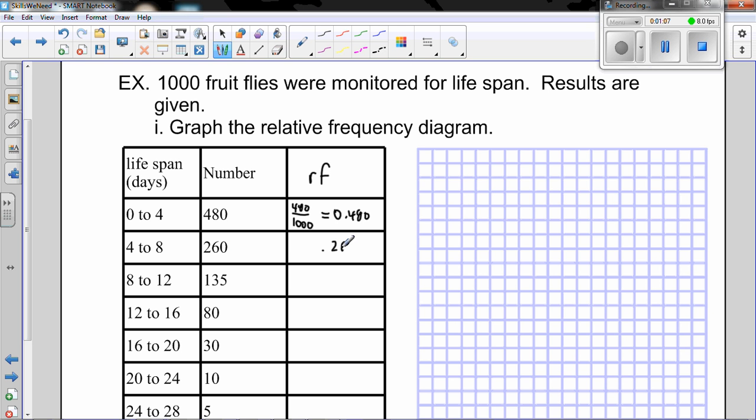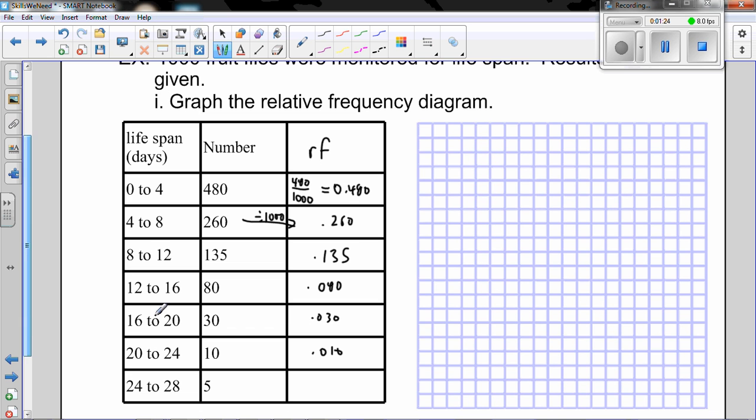I'm going to get each of my numbers here. That's what I just divided by 1,000. If you're wondering how I got those numbers so fast. And there just aren't many fruit flies that live to be 28 days old, I guess. And I'm going to graph that.